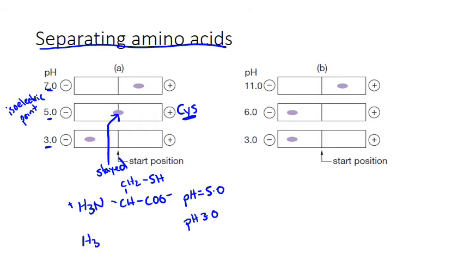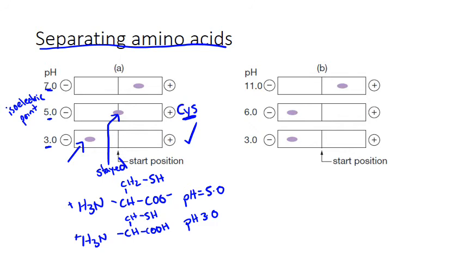Okay, so what I should have is something like this. Now, if it's positive, that means it's going to move to the negative terminal. So at pH 3, does it move to the negative terminal? Yes, it does.